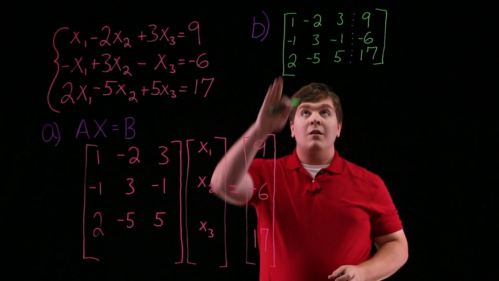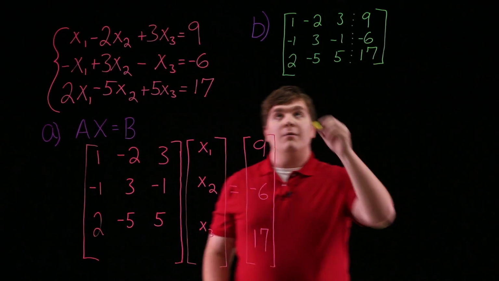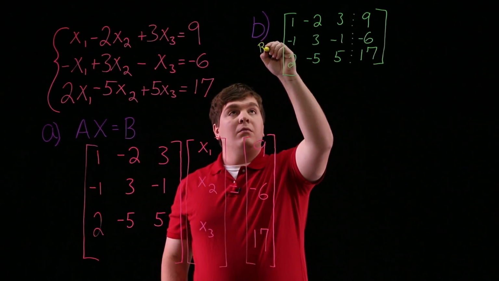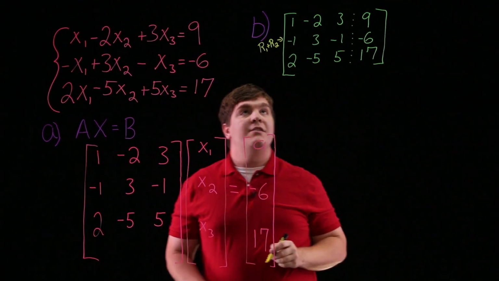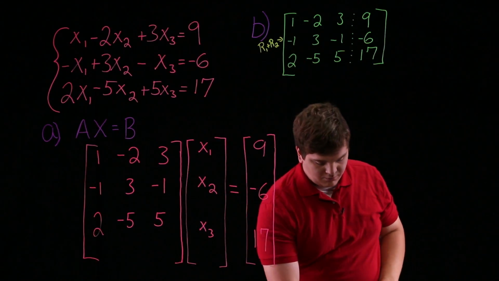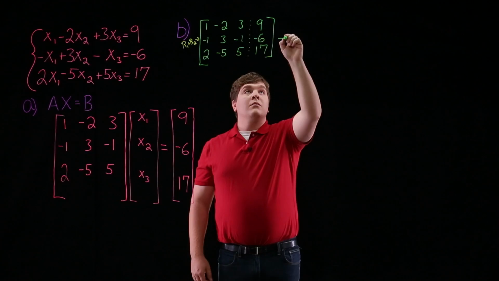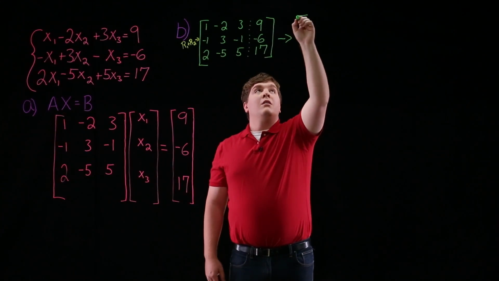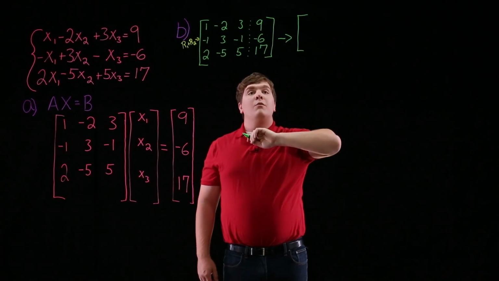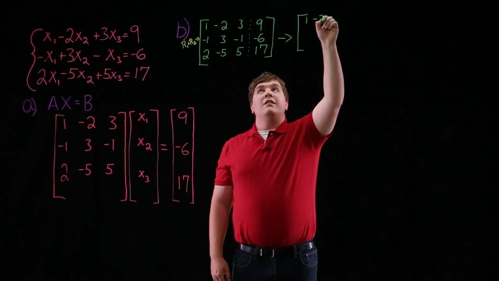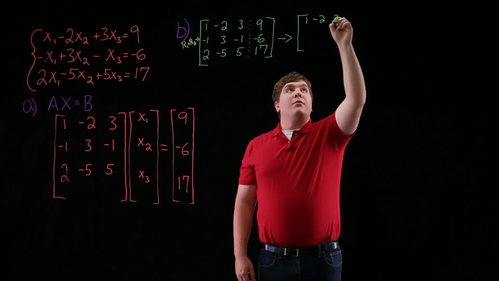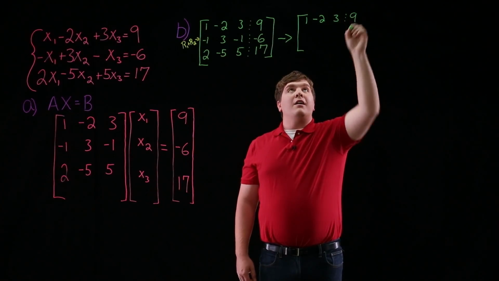Now let's get started by adding the first row to the second row. And we'll place this back into the second row. So what we'll have is our first row will remain exactly the same as 1, -2, 3, 9.